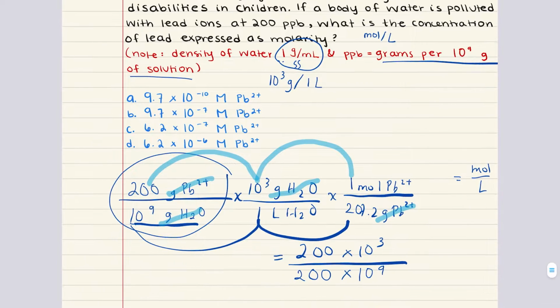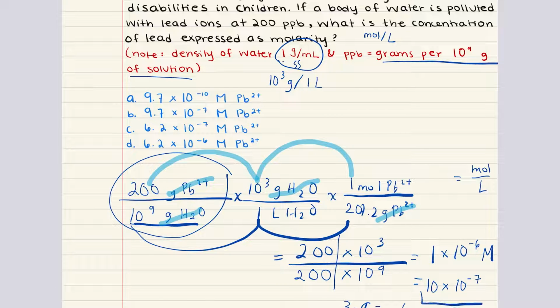Now 200 over 200, that's just 1. And then 10 to the power 3 divided by 10 to the power 9 is 3 minus 9, which is equal to minus 6. So what we have here is 1 times 10 to the minus 6 molar. All right, so that's our molarity. Now we can alternatively write this as 10 times 10 to the minus 7.